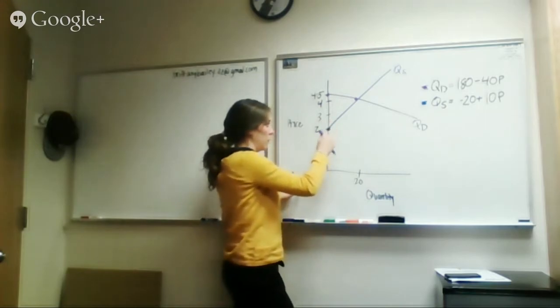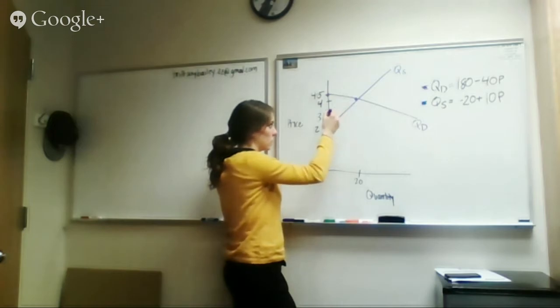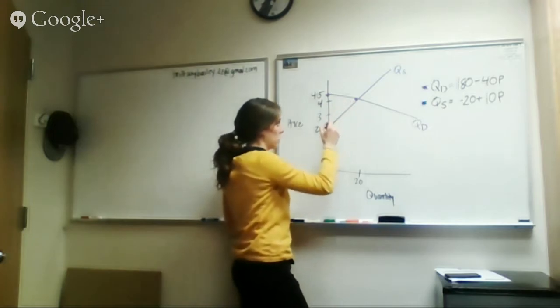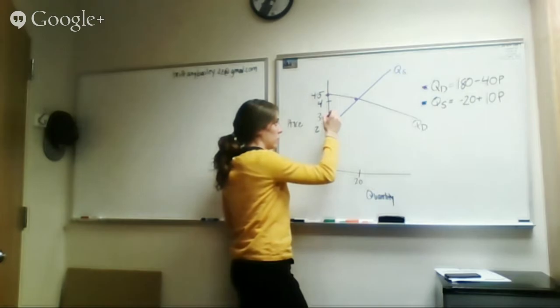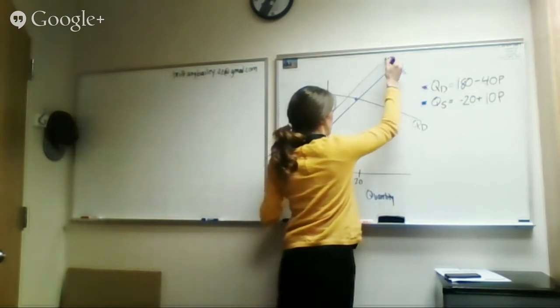So we're just going to shift up the supply curve, keep the same slope, but we're just going to increase it by a value of 1. So our new supply curve would be something like that.